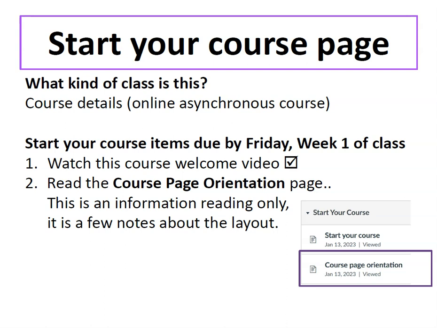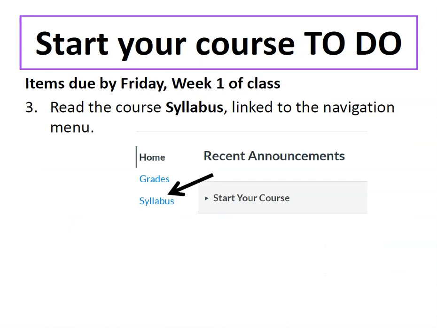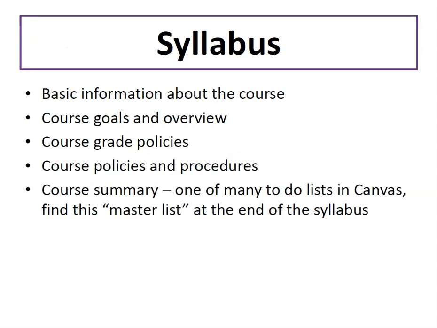So watch this course welcome video, which you're clearly doing, and then read the course page orientation page. This is just information reading and it helps you understand the layout of Canvas. Then read the course syllabus, and that's linked in the navigation menu. It's pretty clear.